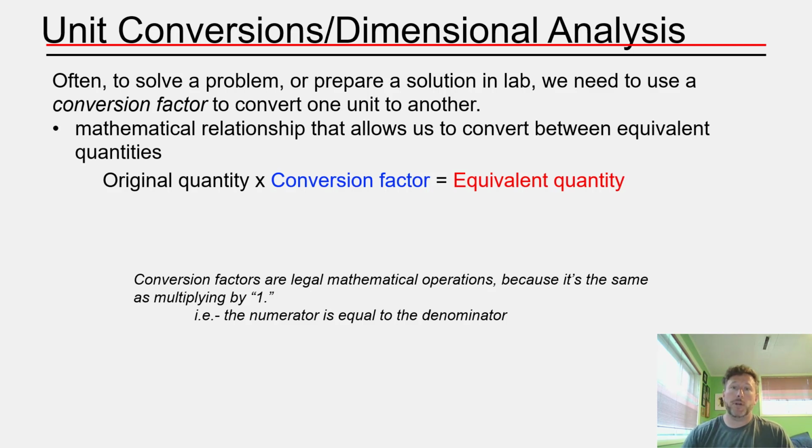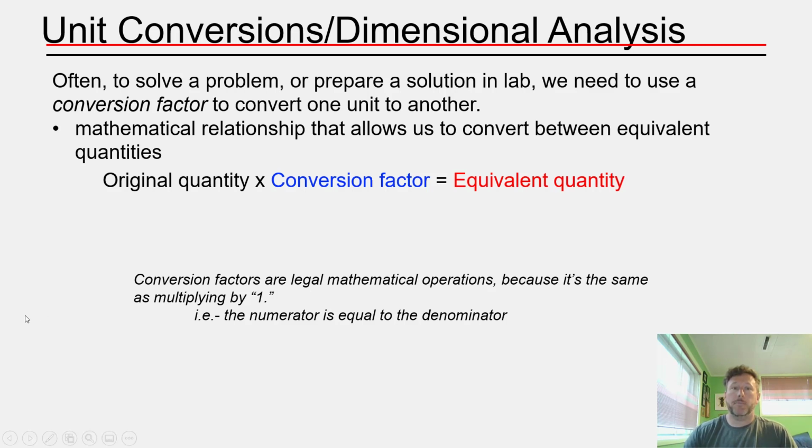The mathematical process behind dimensional analysis is deceptively simple. You take your original quantity and then you multiply it by a ratio called a conversion factor. And the conversion factor is a ratio between two measurements which expresses the mathematical relationship between any two types of units, such as inches and centimeters, as a ratio.